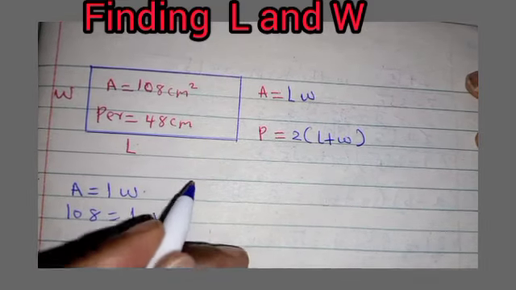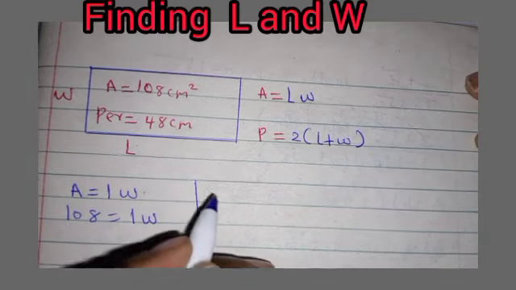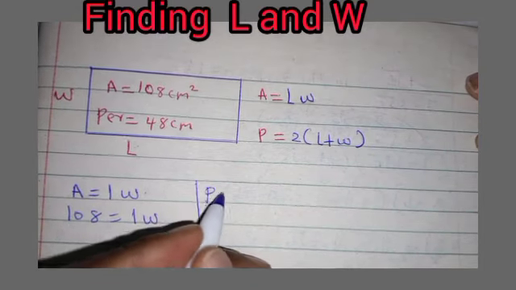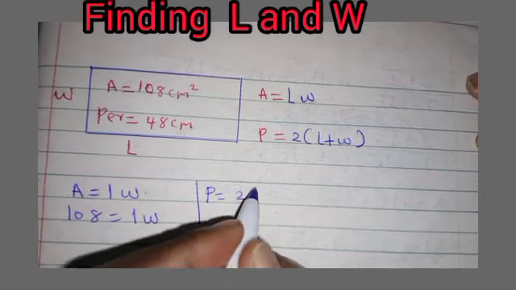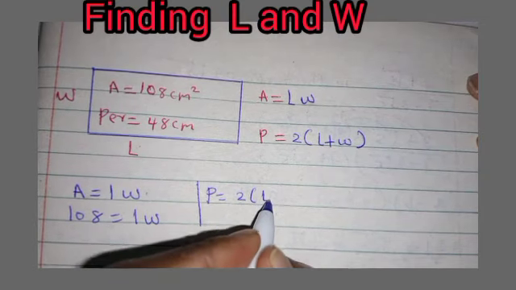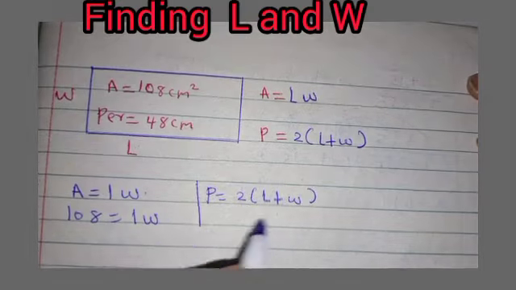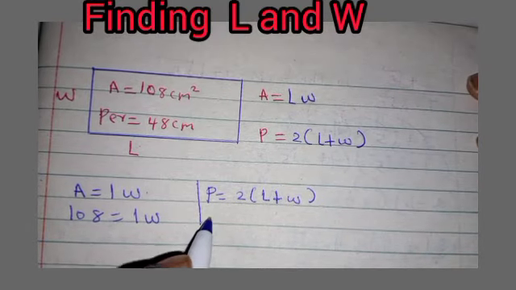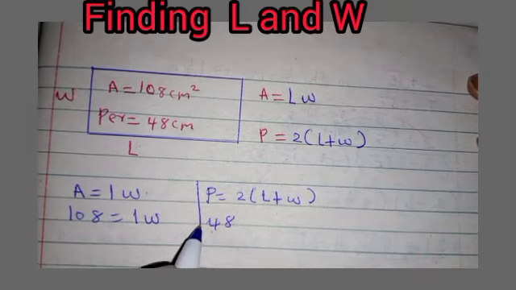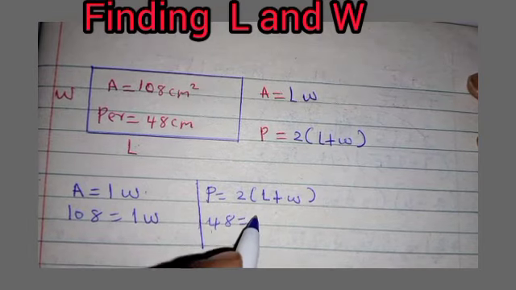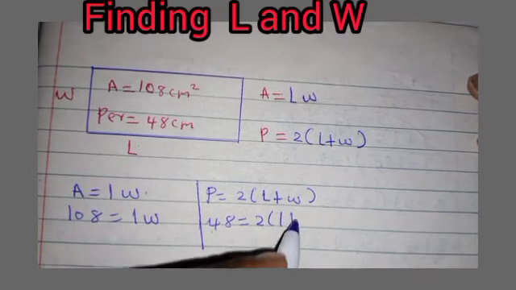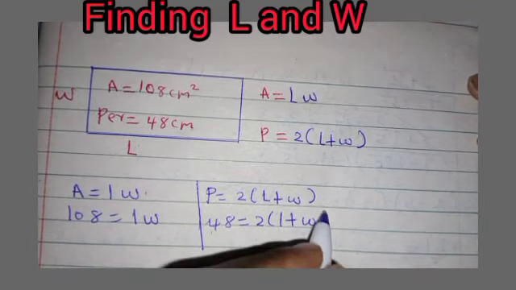Then we use this other formula, that perimeter, P standing for the perimeter, is given by 2 into bracket length plus width. Then we substitute. Our perimeter is 48, which is equal to 2 into bracket length plus width.